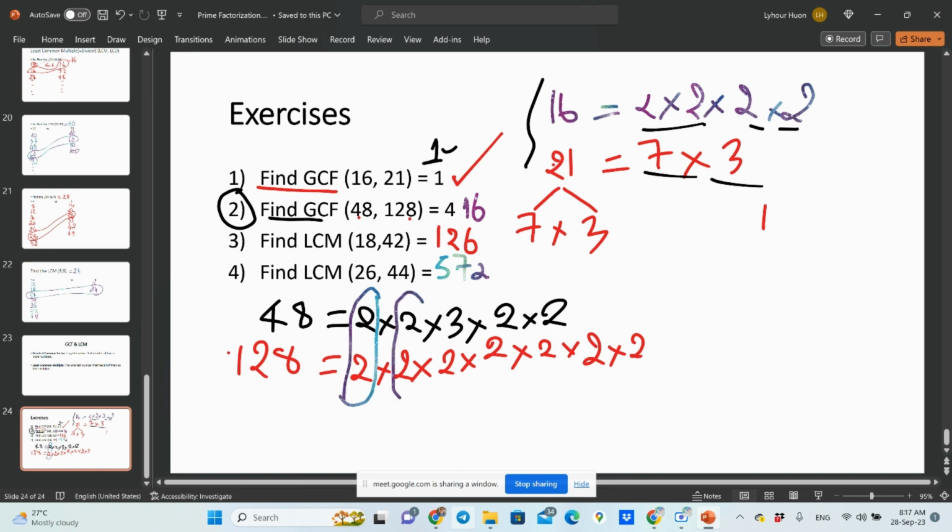These two also have in common, but not this. But how about this? They still have it in common, right? And then they don't have any more. So what they have in common is one of these two, these two, and these two.